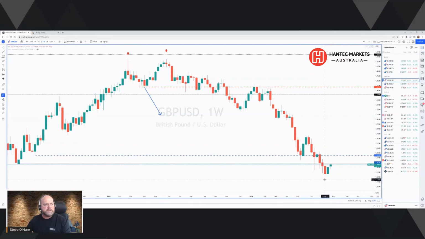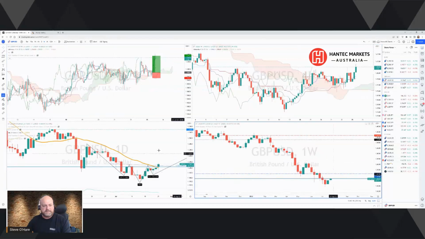Price action has been down to 117.60 over the last couple of weeks. We saw the market close around about the 120 figure level, and this week we've got off to a really nice positive start. So on the weekly chart, we're looking at maybe the signs of a short-term bottom in place.